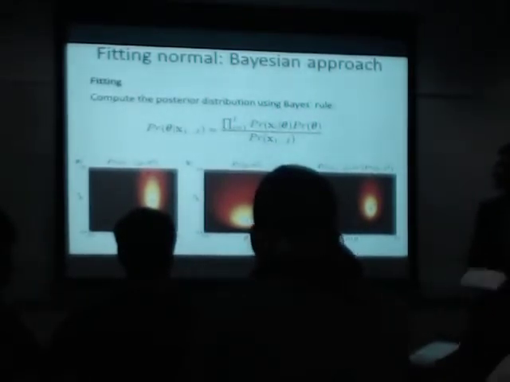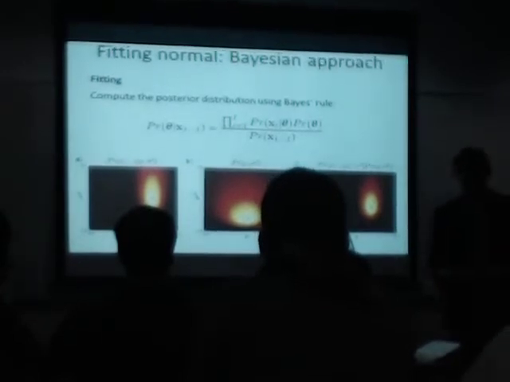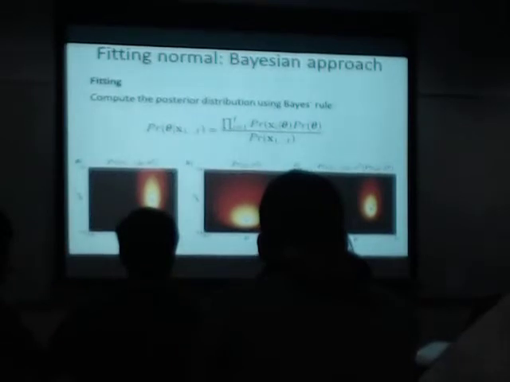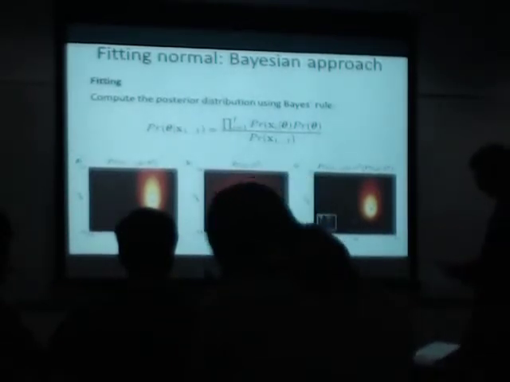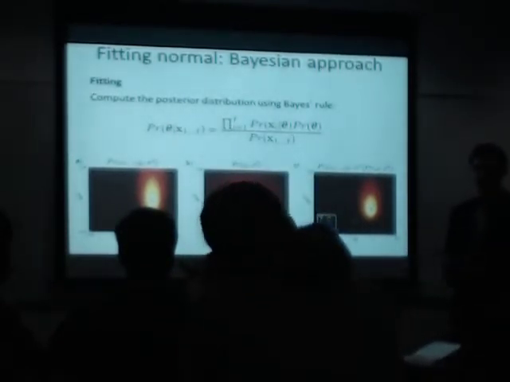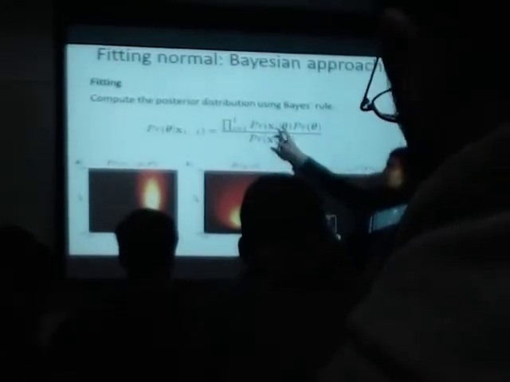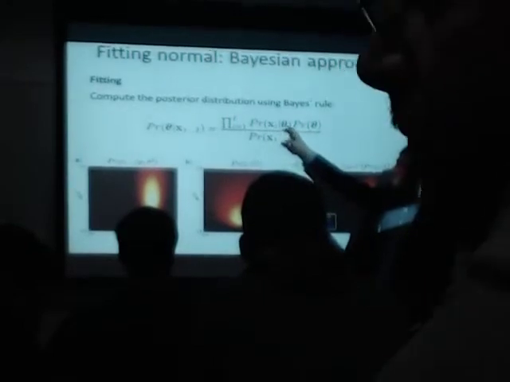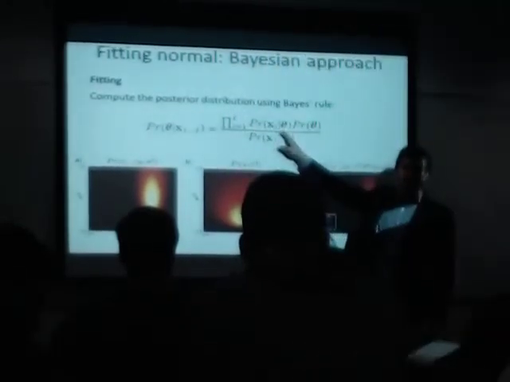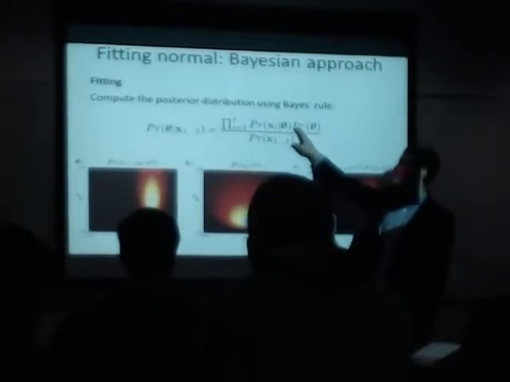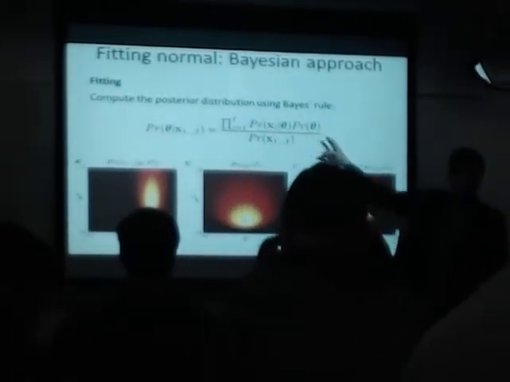No? So the posterior is essentially a conditional distribution of your observed data, the observed data given a set of parameters, combined with a weight of some prior about your parameters. Yeah? So that's your posterior distribution.